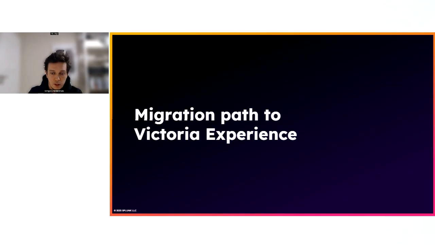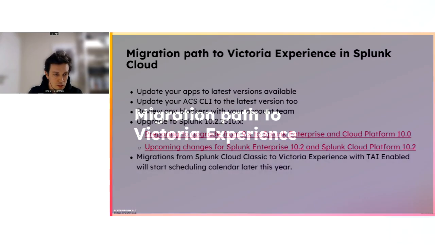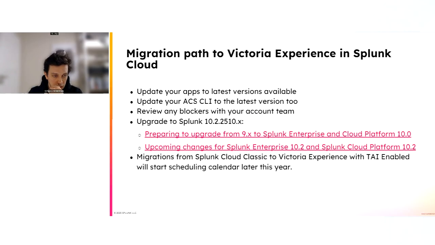This is a short slide regarding what you can do to make that happen now that it's available to your organization. First of all, update all of your apps to the latest versions available.